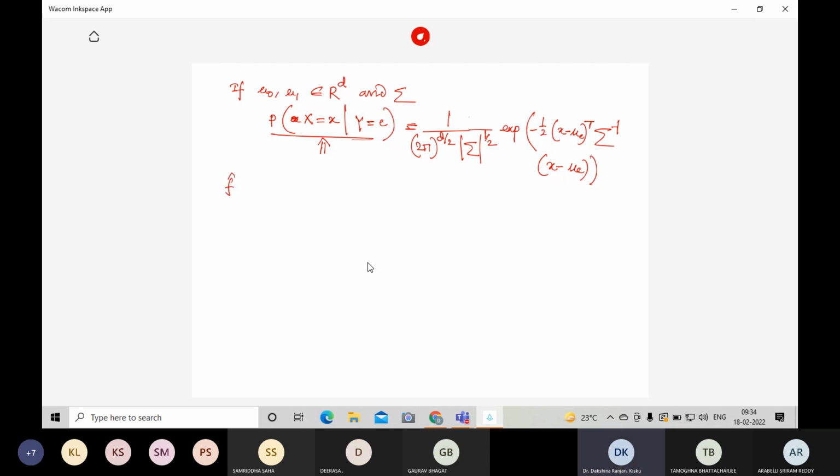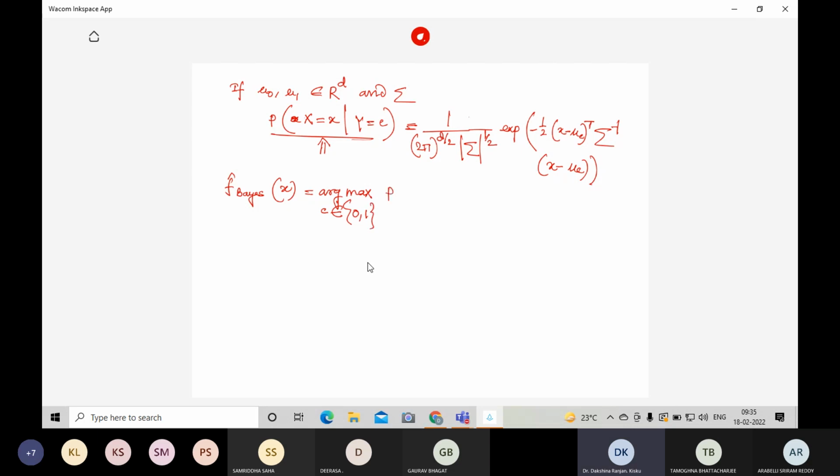For that we can use the same convention used by a Bayes classifier. Here we can write f cap of x equals arg max over c. Since we are talking about two classes, c belongs to 0 and 1.